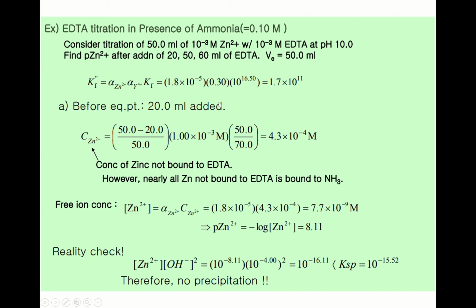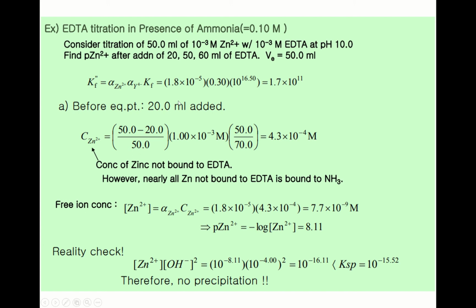And we get the effective conditional formation constant Kf double prime, which is alpha zinc, alpha Y 4 minus, and Kf. All the multiplications, and alpha zinc is already calculated. When alpha Y 4 minus is 0.3, and Kf is 10 to 16.5, then Kf double prime is 1.7 times 10 to 11.